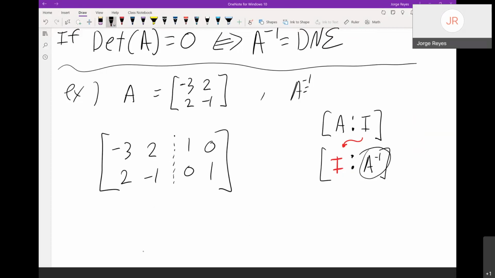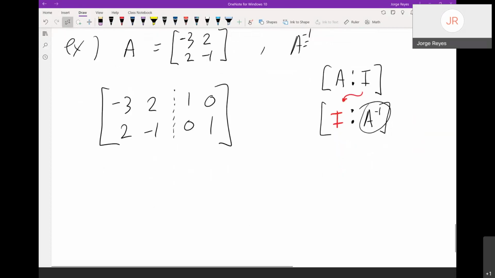So let's do that. My goal is to get the identity matrix, which you should be able to do, because that means all you have to do is put this matrix into reduced row echelon form, which we learned how to do in the other section. So, how do I want to do this?